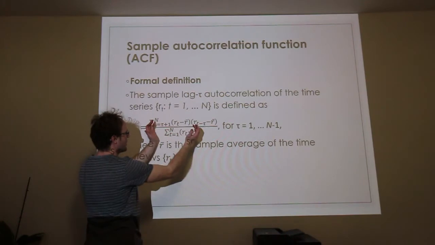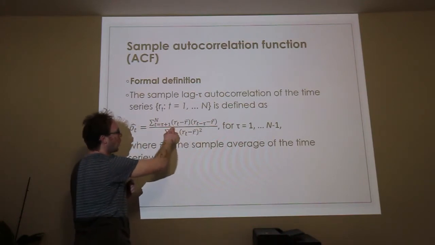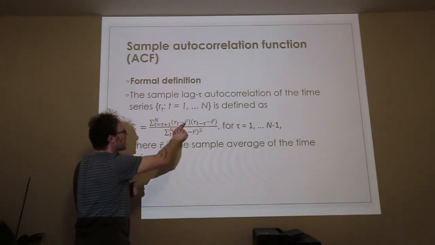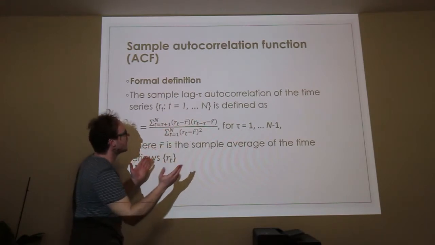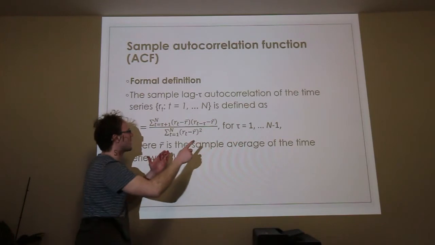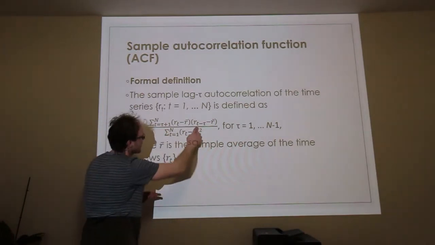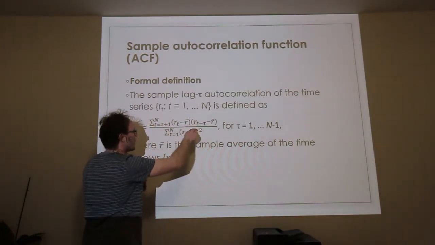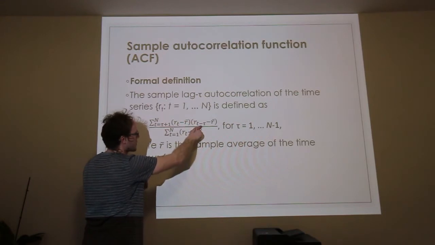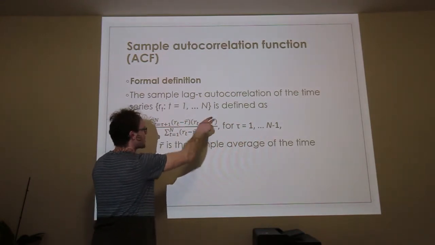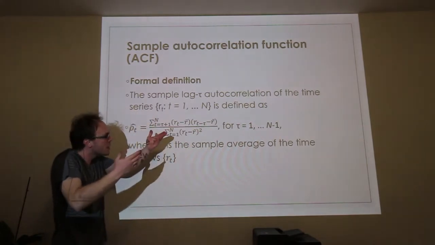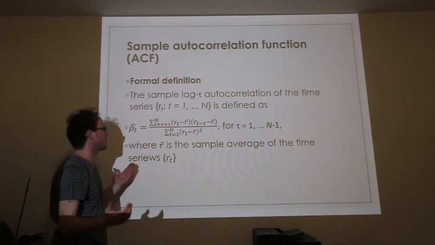In one parenthesis, we have log return in time t minus the mean of log returns. And there is the lagged log return in time t minus tau, decreased by the mean calculated from log returns.